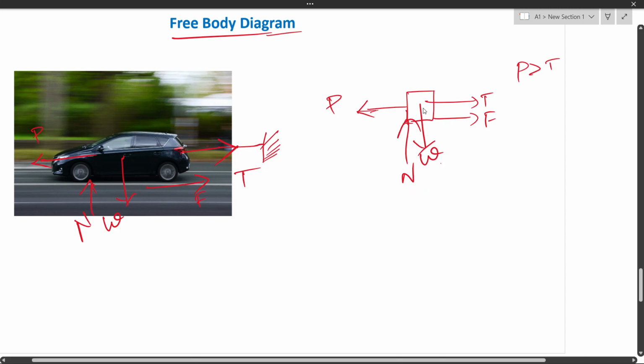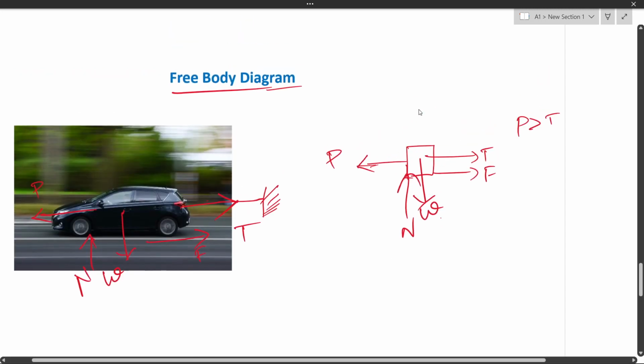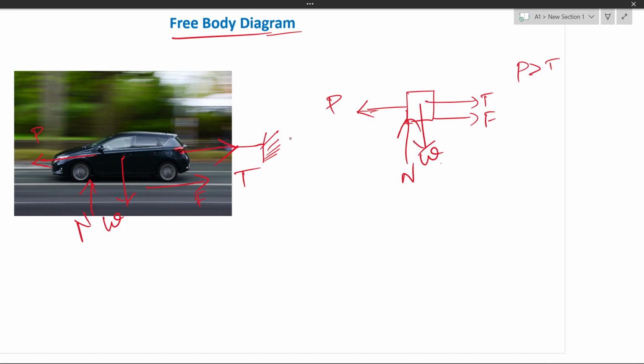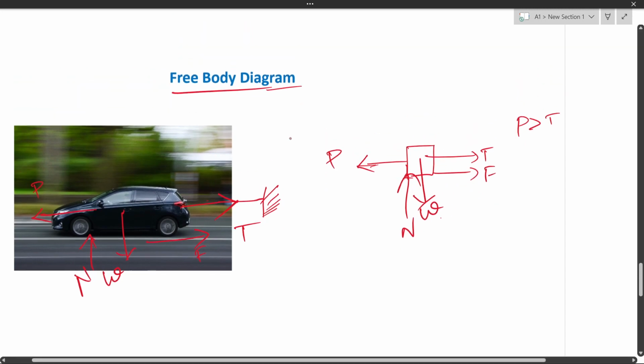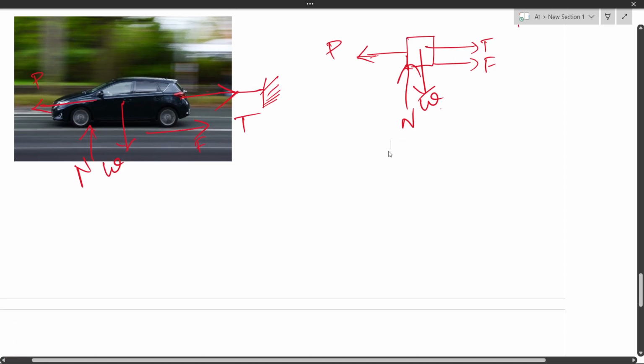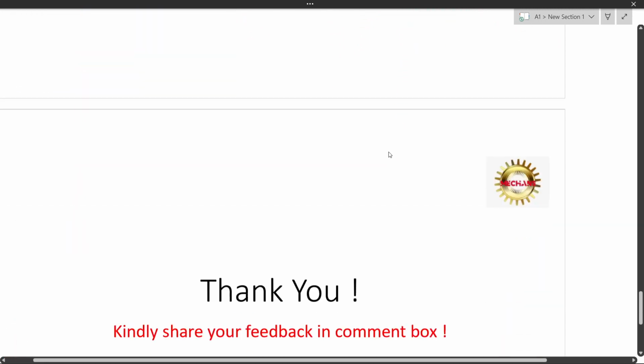So these are the very important forces in a free body diagram, and a free body diagram is mainly used to isolate one object from the entire system so we can analyze the forces acting on it.